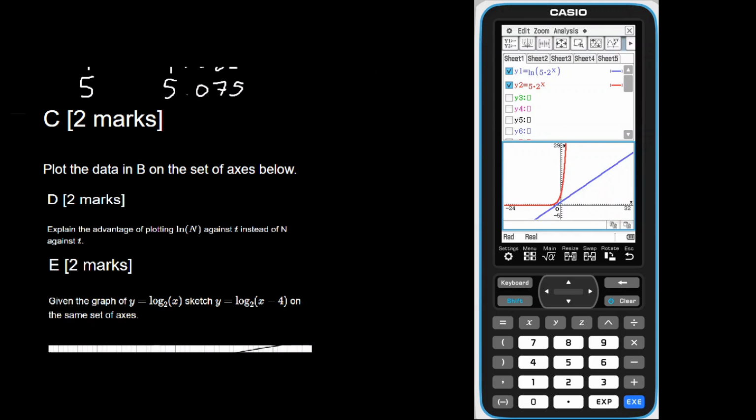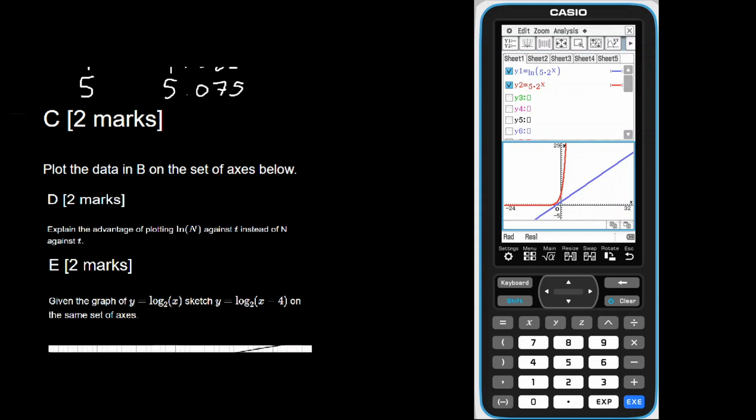So I guess what we can say is that it gives us an exponential, and this is harder to view than a straight line. Okay, so that's really the crux of it here.